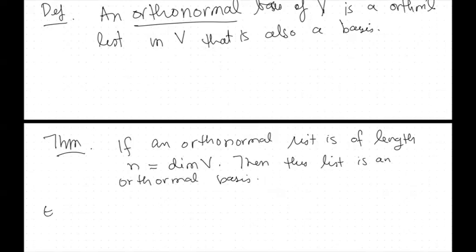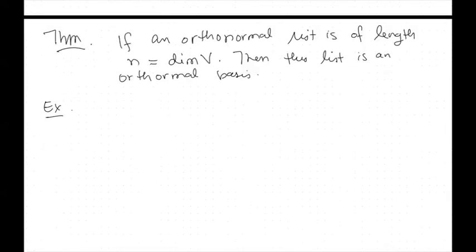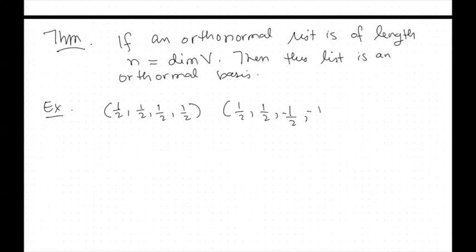Okay, let us consider an example. This is a book example. We have the vectors with entries one half, one half, one half, one half, and the others with alternating signs.